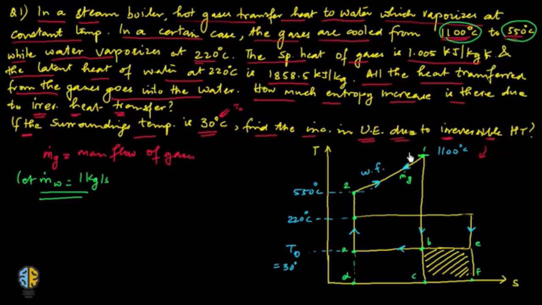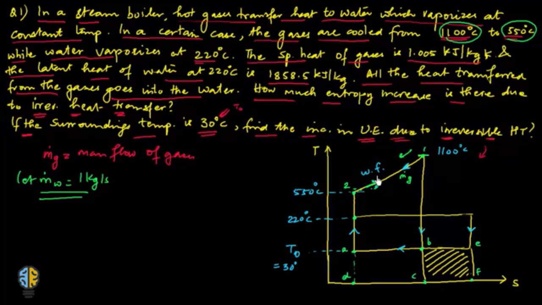Now for a reversible heat transfer, the working fluid in the heat engine having the same Cp would have been heated along this path, which is for the reversible heat addition in the working fluid, so that the temperature difference between the gases and the working fluid is 0 at all times.